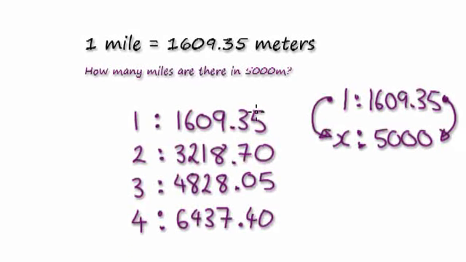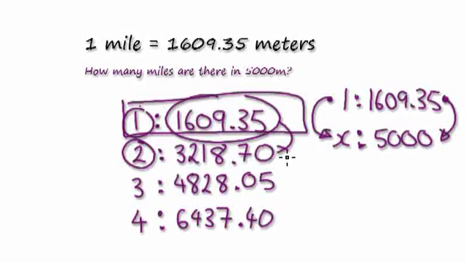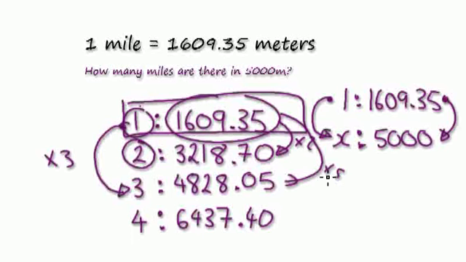So you could imagine it as this. If 1 mile equals this, you could double the number of miles, and then you can double this. And then if you're here, you could have 3 miles. So basically, you're timing it by 3, and then this times by 3 will take you to this.